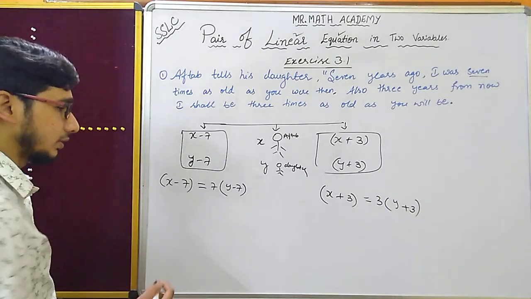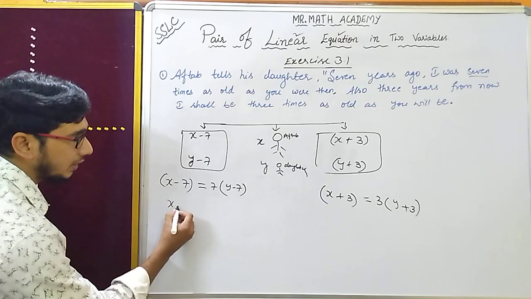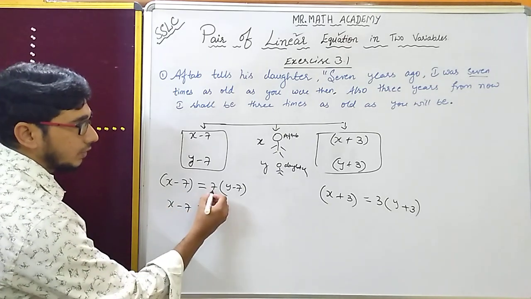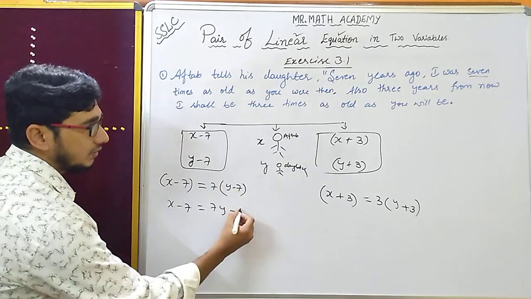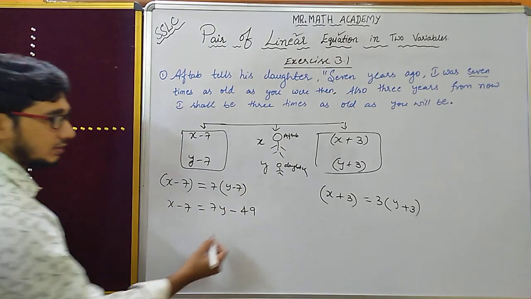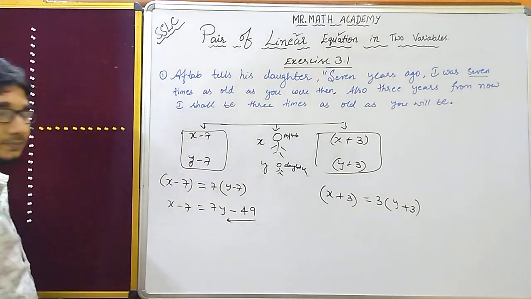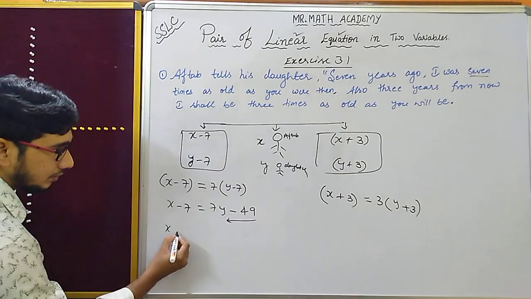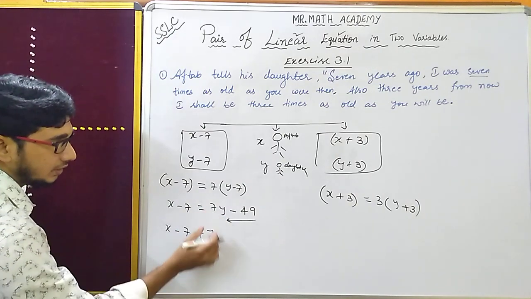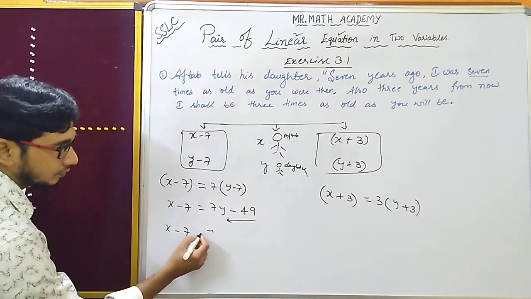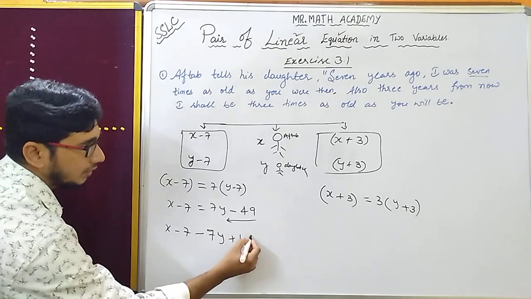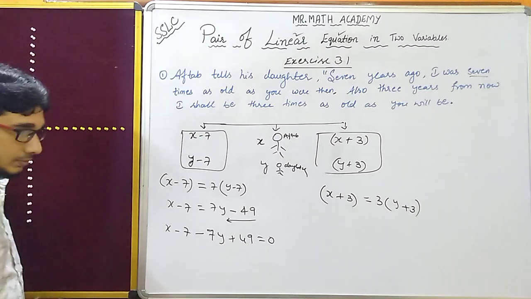Now we will simplify this. X minus 7 into y, 7y; 7 sevens are 49. Take everything inside. X minus 7y, if it comes inside, plus 49 is equal to 0.